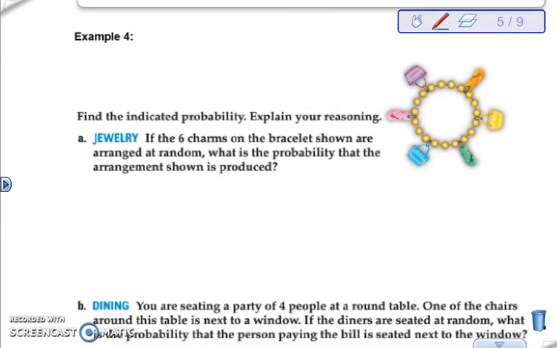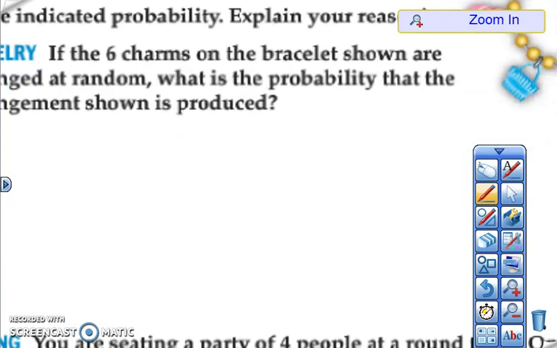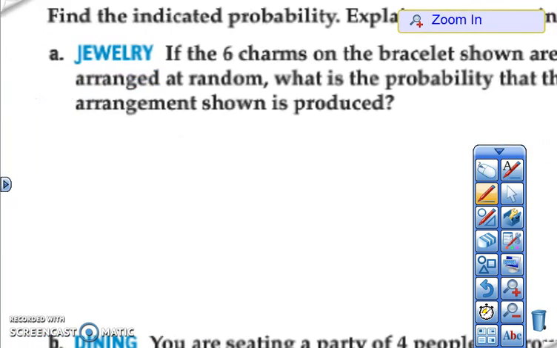So, for example, if I look at this bracelet, there are 6 charms. If I ask you how many different ways I can arrange the 6 charms, then it's technically 6 factorial, right? There's 6 things and I can put them in any order that I want. Unfortunately, I didn't tell you where to start counting.